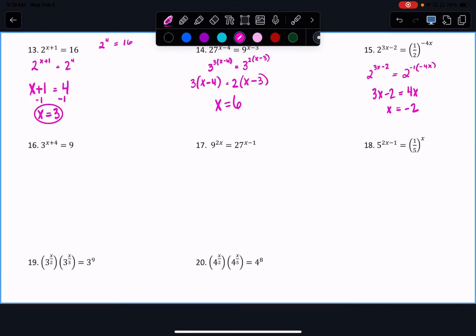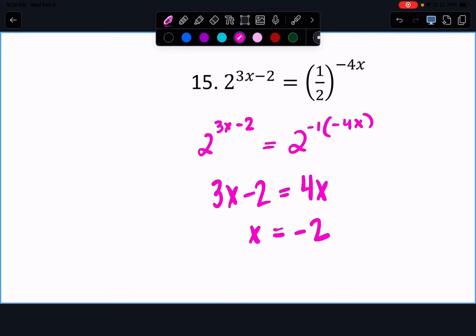Yep. Because it makes the 2 go down to the denominator, which will make it 1/2. 2 to the -1. Yep.